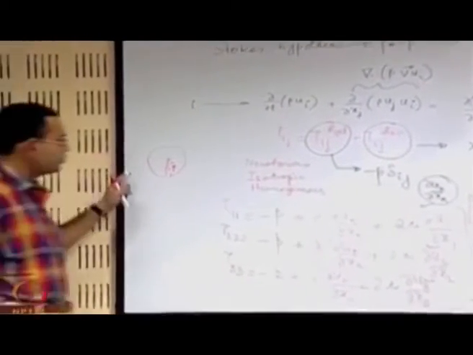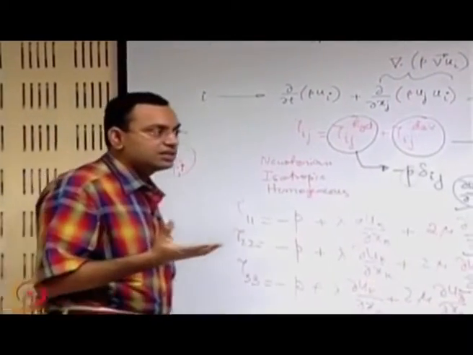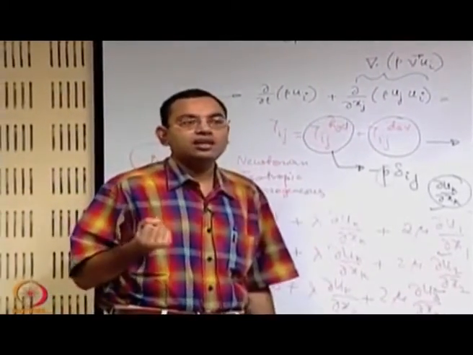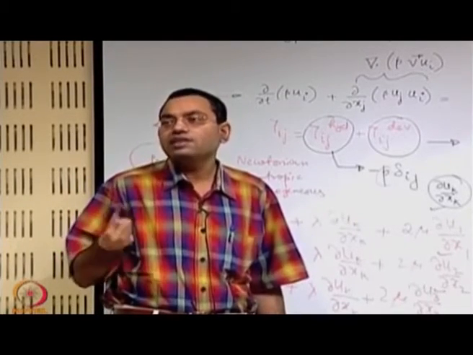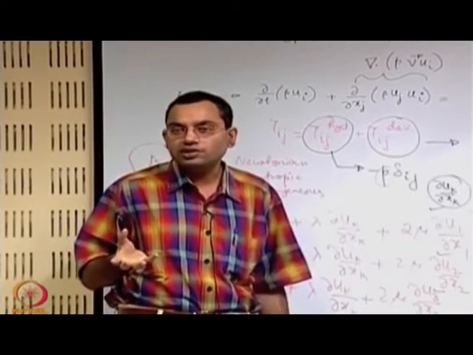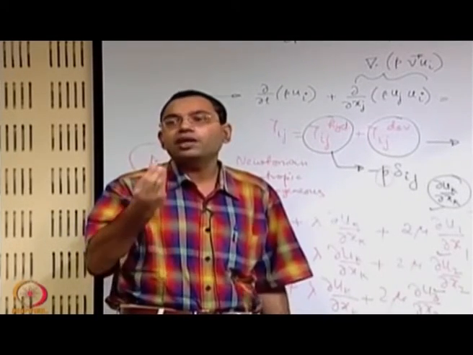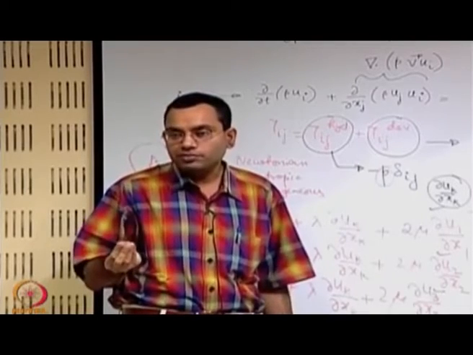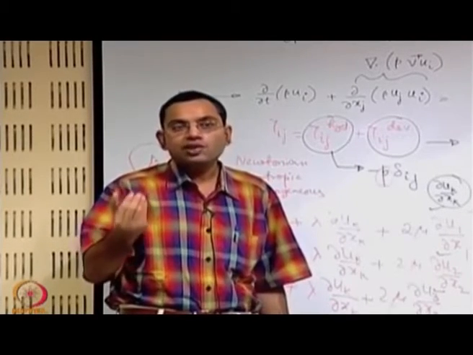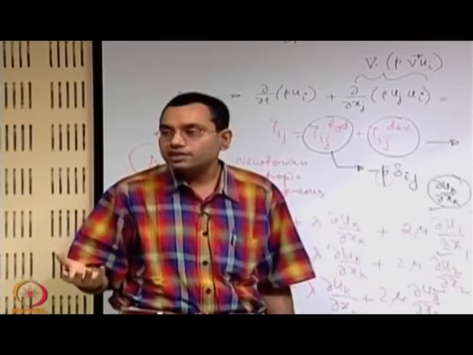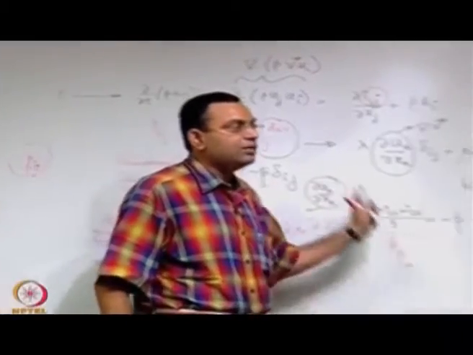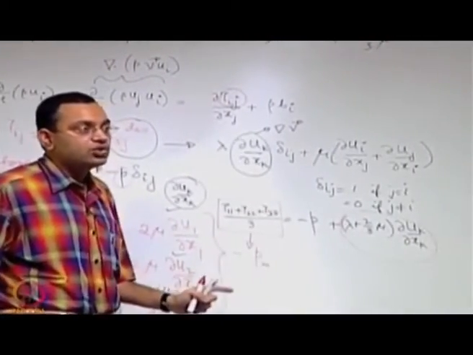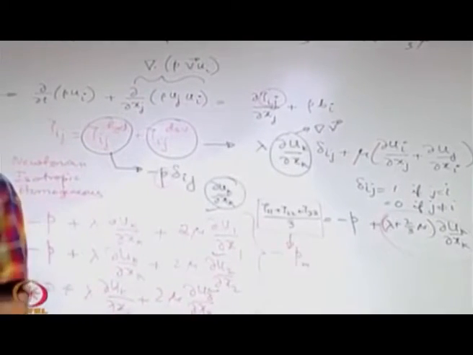So the summary of this understanding is that if you have a very fast time scale over which a thermodynamic change is imposed on the system, then the system may not be able to attain equilibrium locally based on its relaxation time, which may be slower than that rate of change that is imposed, and then it will not be able to achieve a state when mechanical pressure is equal to thermodynamic pressure, and then Stokes hypothesis will be violated.